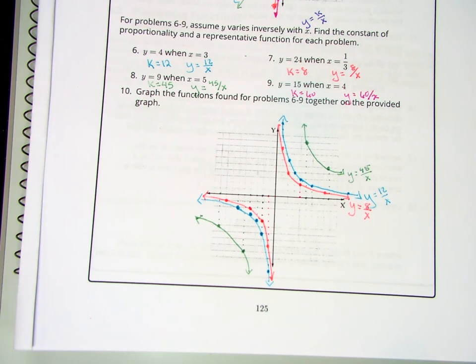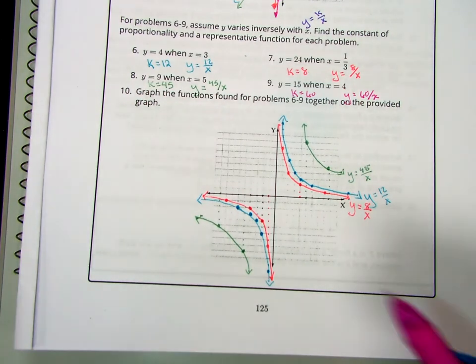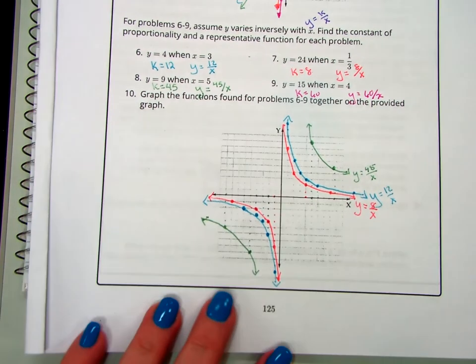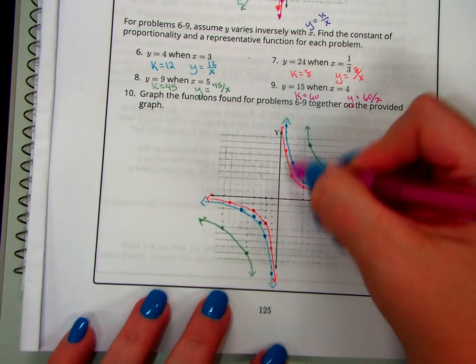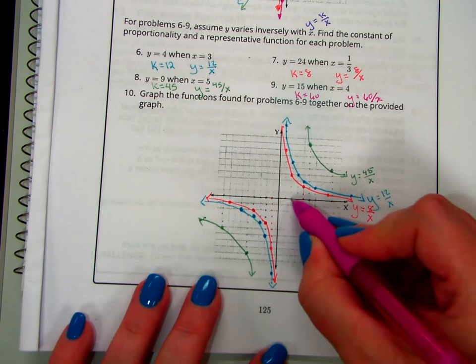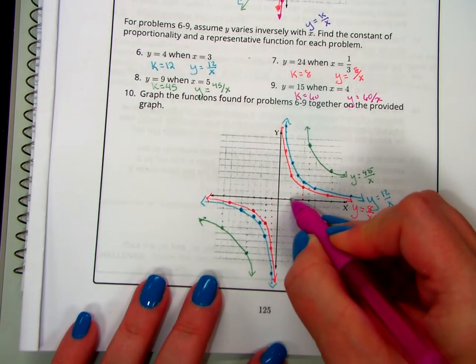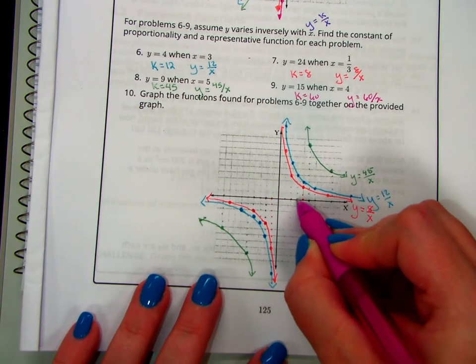All right, one left, 60 over x. Do you think it's going to be closer in, or do you think it's going to be the furthest out? Yes, if you look, we're going 8, 12, 45. The bigger the number, the further out we end up. On my graph, 60 divided by 1, it does divide by 1, but 60 does not fit on my graph.